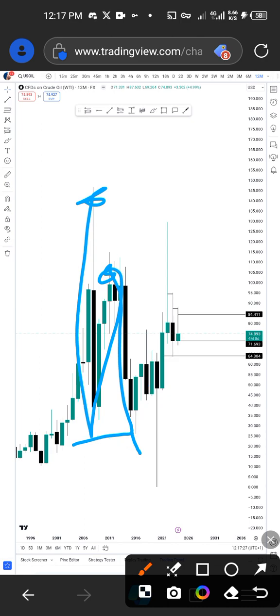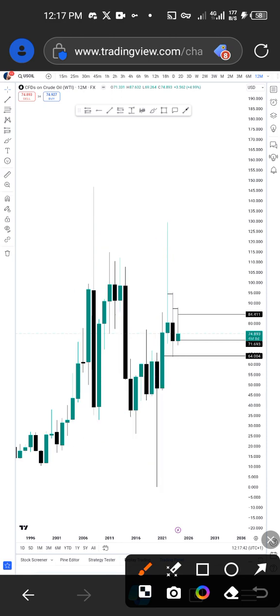Price is supposed to take out this low and then come back here and take out this low. But what price did, after coming to this high, it dropped below and then came back and took out this high. So this last high dropped below and then came back and took out this high.